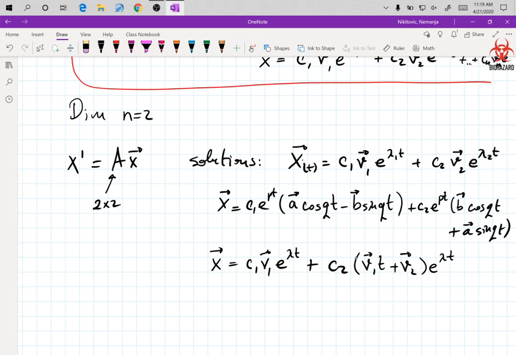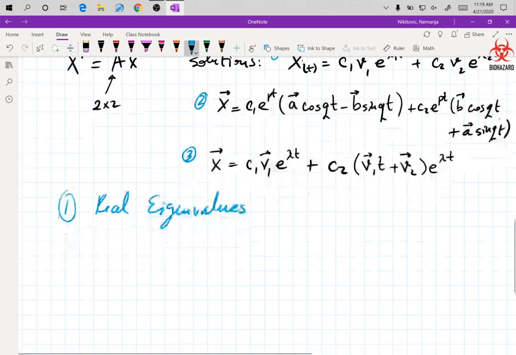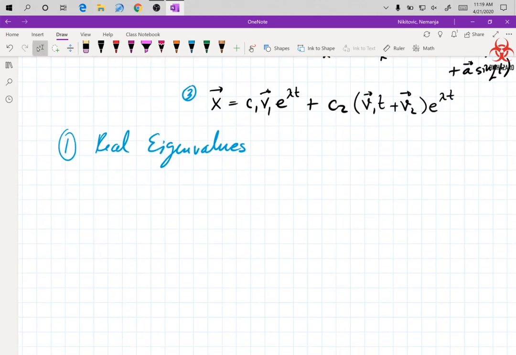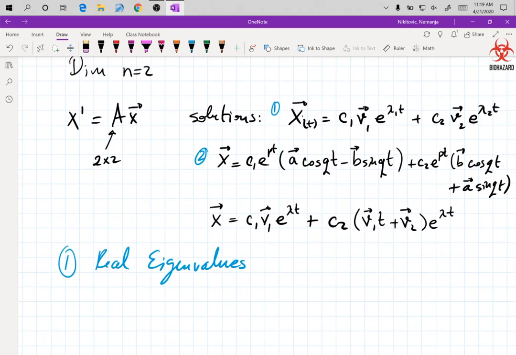All right, so let's talk about real eigenvalues. So we can even label this 1, 2, 3, right? And then number 1, real eigenvalues. And well, actually they mushed these together. So this is like case 1, case 2, and this is case 1, case 1a. Whatever.